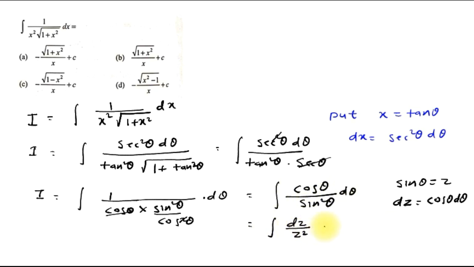Now after integrating it becomes z to the power minus 2 plus 1 divided by minus 2 plus 1, so I becomes minus 1 over z plus integration constant c, so minus 1 over sin theta plus integration constant c.